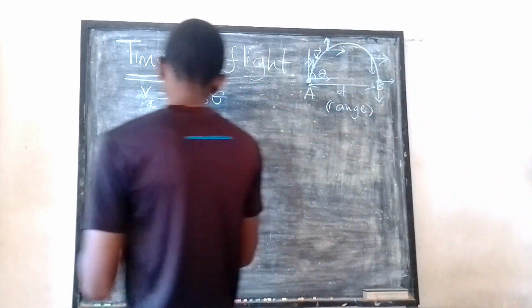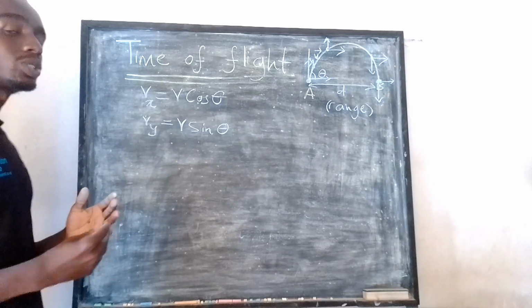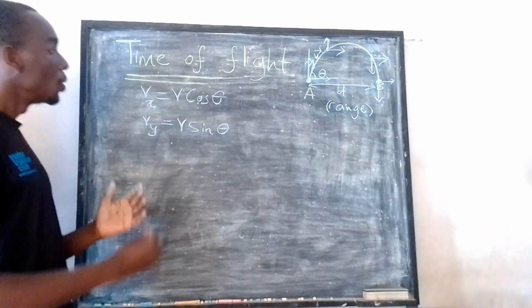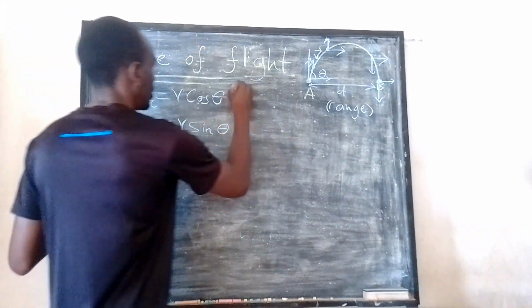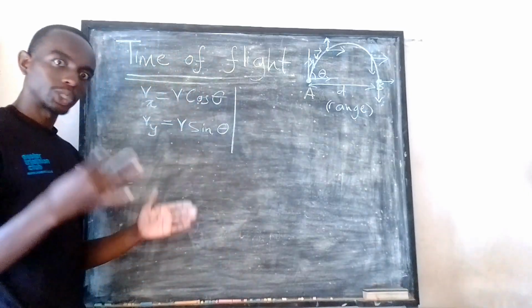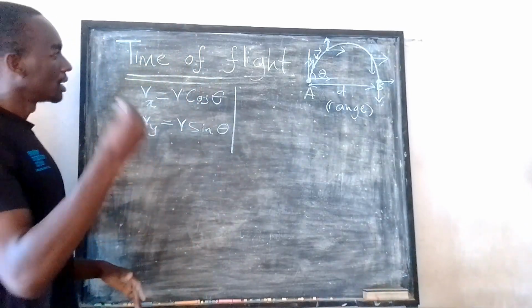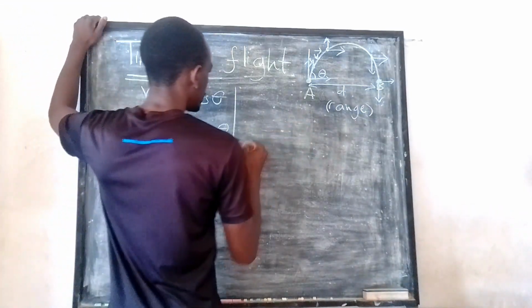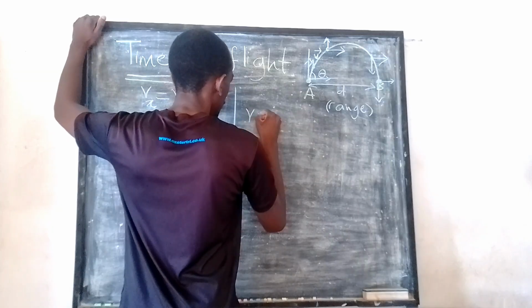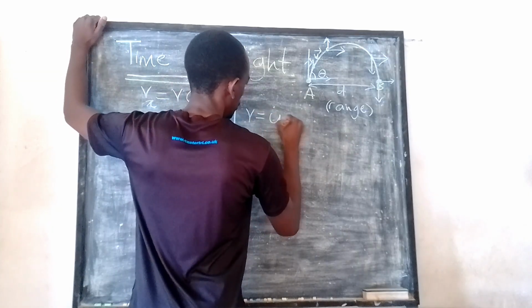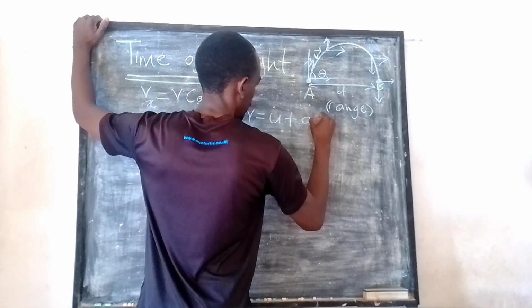Now, because the vertical motion is associated with acceleration, we have to pull our weapons associated with acceleration. And what is that? That is our formula, v is equal to u plus at.